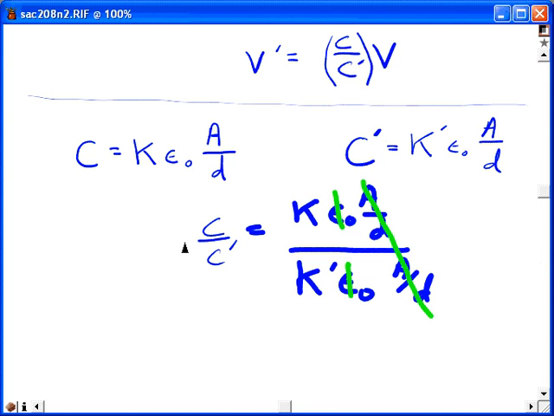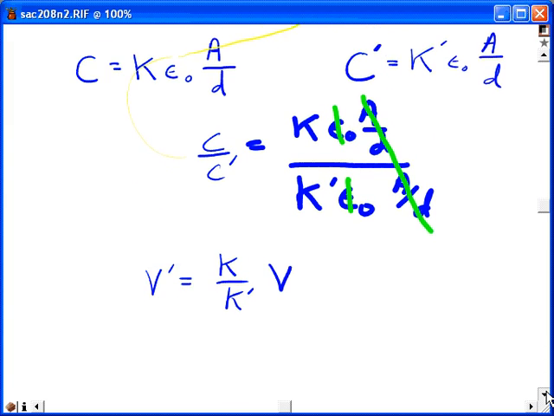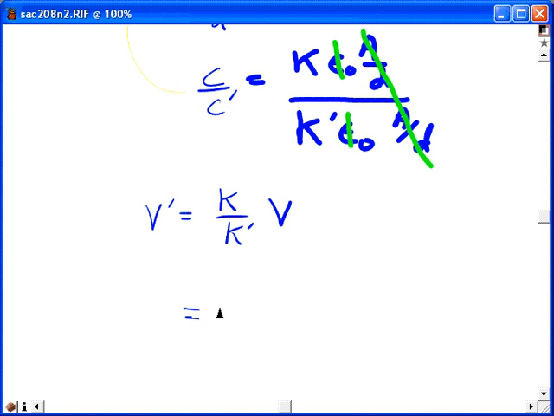So we'll go ahead and copy that equation down with C over C prime expressed as K over K prime substituted in for the C over C prime that appears above, and I get that V prime is K over K prime times V. And K is given as 7.00.